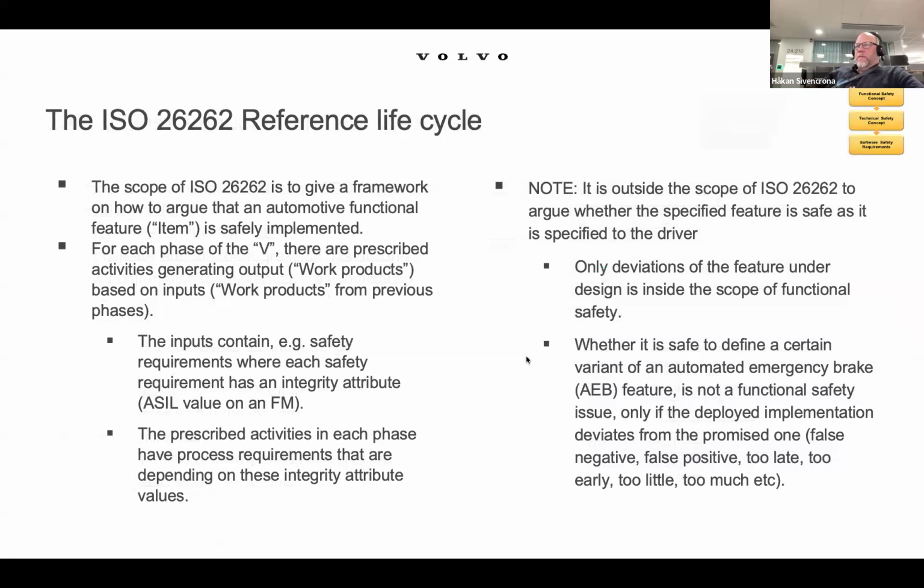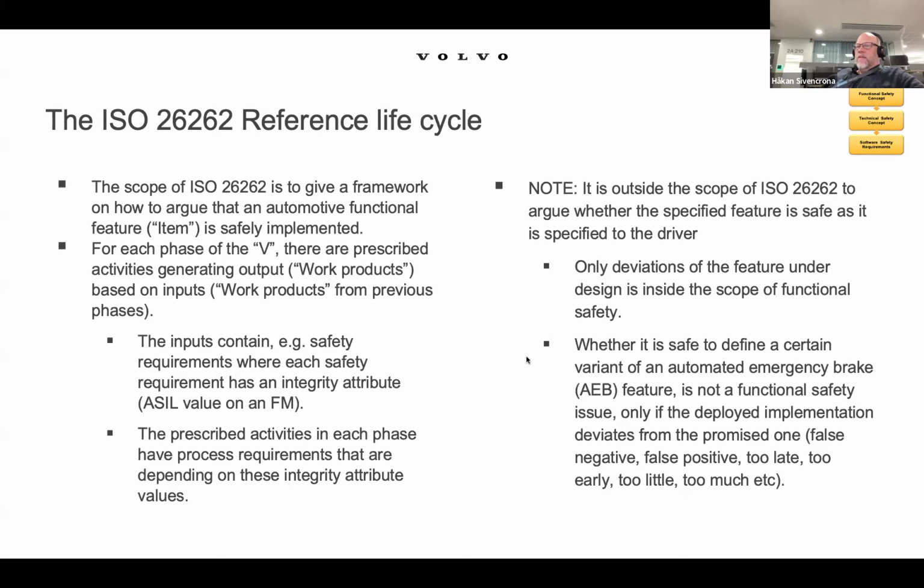Again, when we speak about the ISO 26262 reference lifecycle, we sometimes call it the V cycle. You have an activity, and when the activity has been done, it renders a work product that has some rigor. You need to verify it, you need to review it. Also, if you have a safety requirement, it means that you guarantee something, a failure mode basically, that this failure mode does not occur more than P times per 1 million hours or something like that.